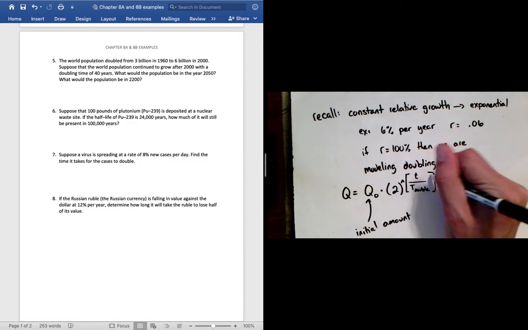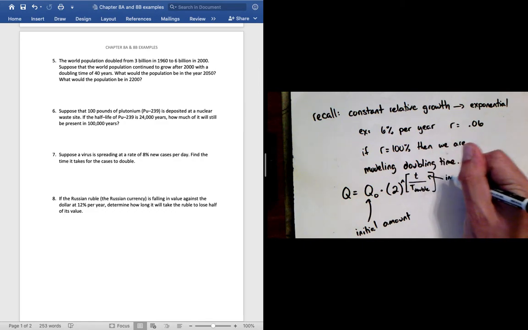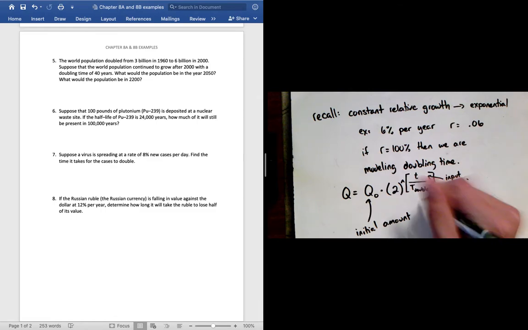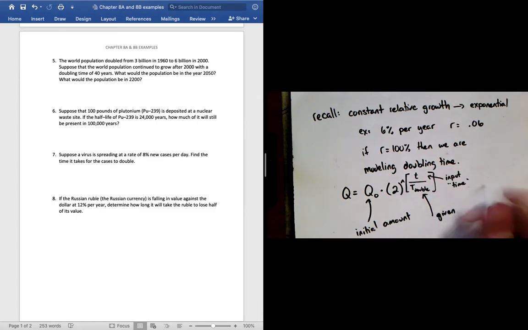The little t is our input for time. Big T double is given in the problem, and it's the doubling time. Just like in the previous section, make sure that these two units of time are in the same unit.